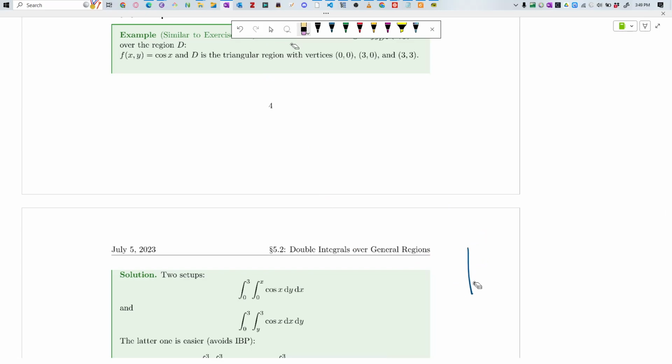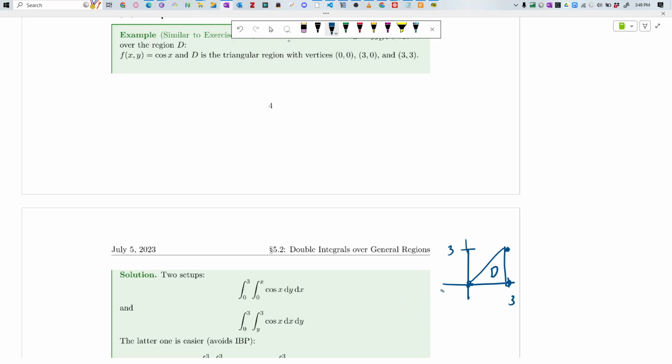So pictorially, we have the triangle. So we have the points (0, 0), (3, 0), and (3, 3). So your triangle should be different than this, but it's quite similar. So this is the region D. Maybe I can label it 3 here and 3 there.